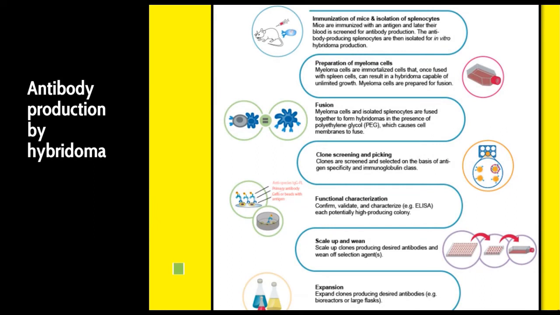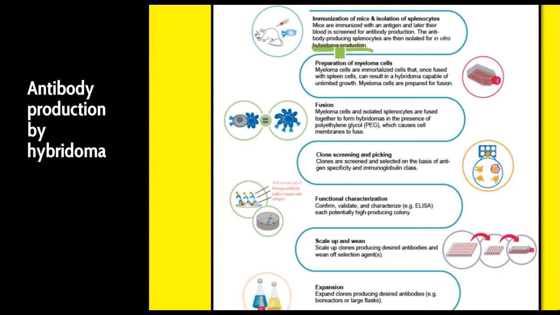First, immunization of mice and isolation of splenocytes. Mice are immunized with an antigen and later their blood is screened for antibody production. The antibody producing splenocytes are then isolated for in vitro hybridoma production. Preparation of myeloma cells.